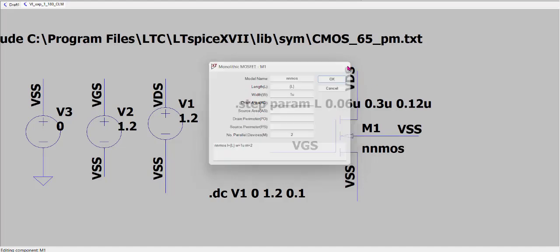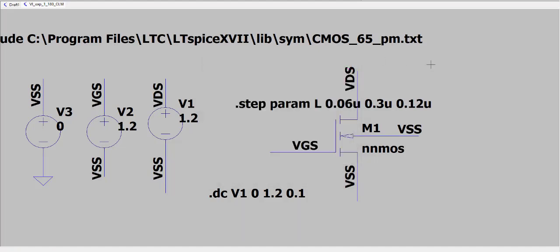So this is a 65 nanometer device. There are different technology nodes. When we fabricate the MOSFET, it is in nanometer scale VLSI design. So during fabrication, there are different nodes: 180 nanometer, 130 nanometer, and this is a 65 nanometer node. And how is it a 65 nanometer node?